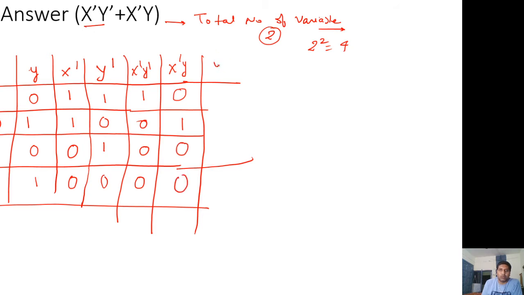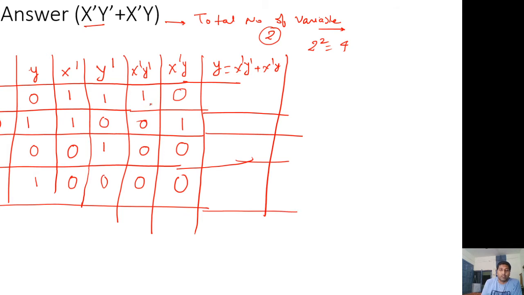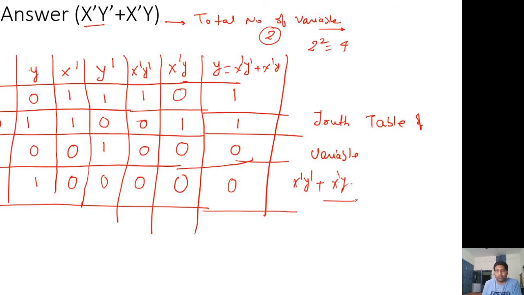Now we have the final output y equal to x bar y bar plus x bar into y. Now we go to the OR operator: 1 0 1, 0 1 1, 0 0 0, 0 0 0. Now this is the truth table of the function x bar y bar plus x bar into y.